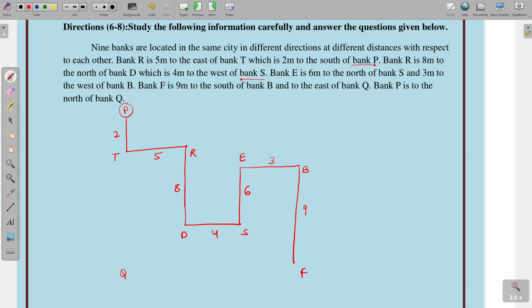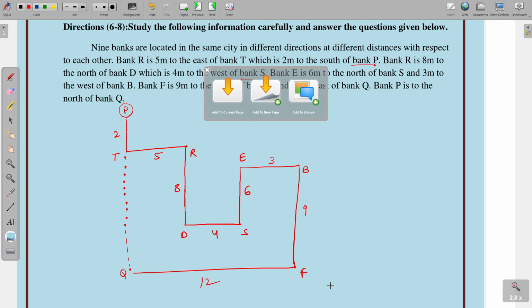Bank F is east of bank Q. And it is a straight line from P to Q. So, it is the final arrangement, and this distance is 5 plus 4, 9, 10, 11, 12. So, it is 12 meters total.